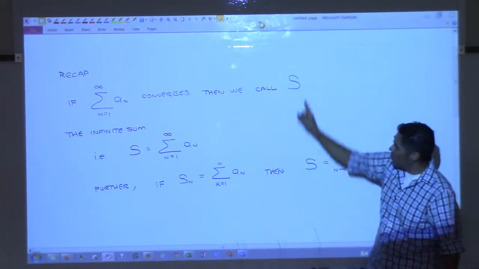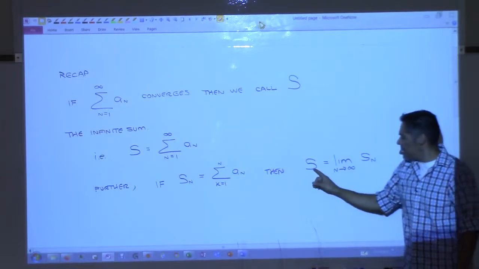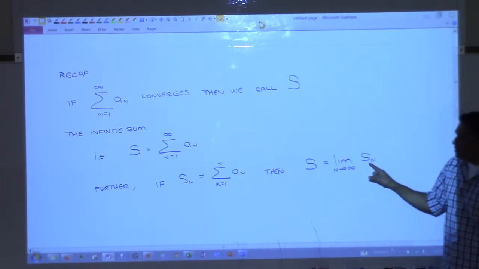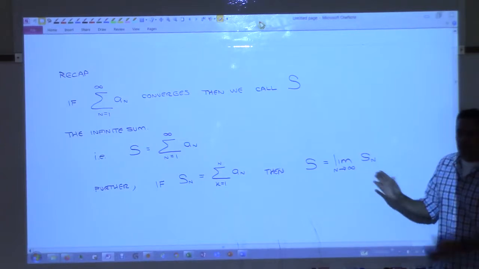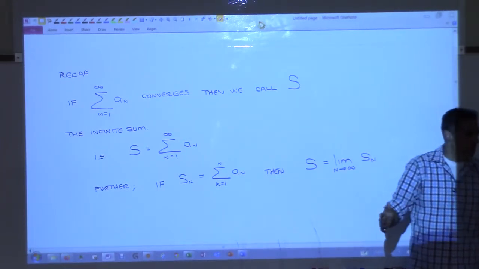Capital S, which is the sum of the infinite series, is equal to the limit as n goes to infinity of the partial sums. So this is where I was saying that when you take a sequence and start adding up the terms, you create a new sequence.